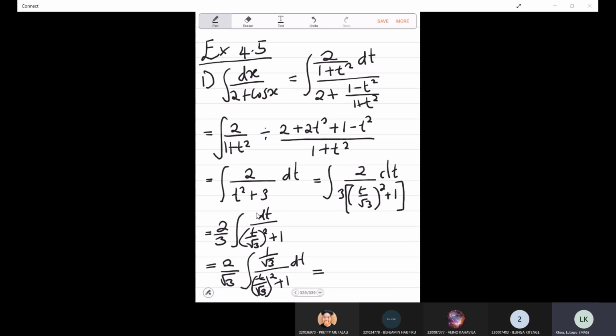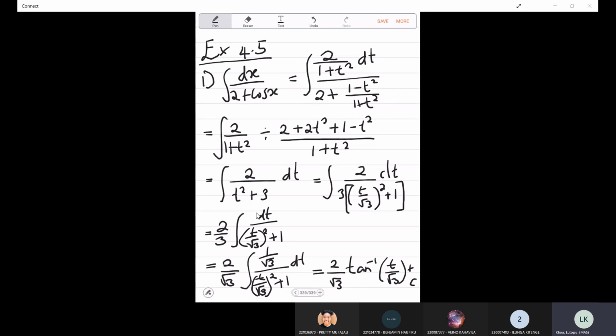So this gives us 2 over the square root of 3, and the integral of this is tan inverse of t over the square root of 3, plus our constant of integration.